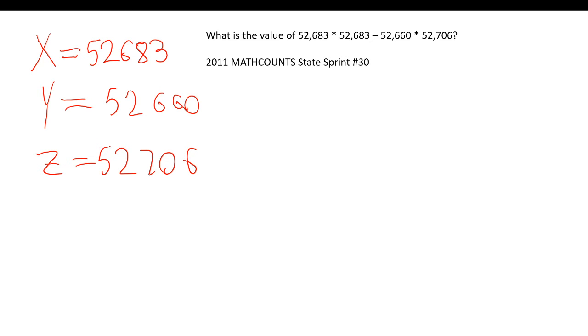We have x squared minus, then we have 52660, which is y, times 52706. So it's x squared minus yz. Now I have this expression, x squared minus yz. I don't see how to factor this. I can't really factor this expression.